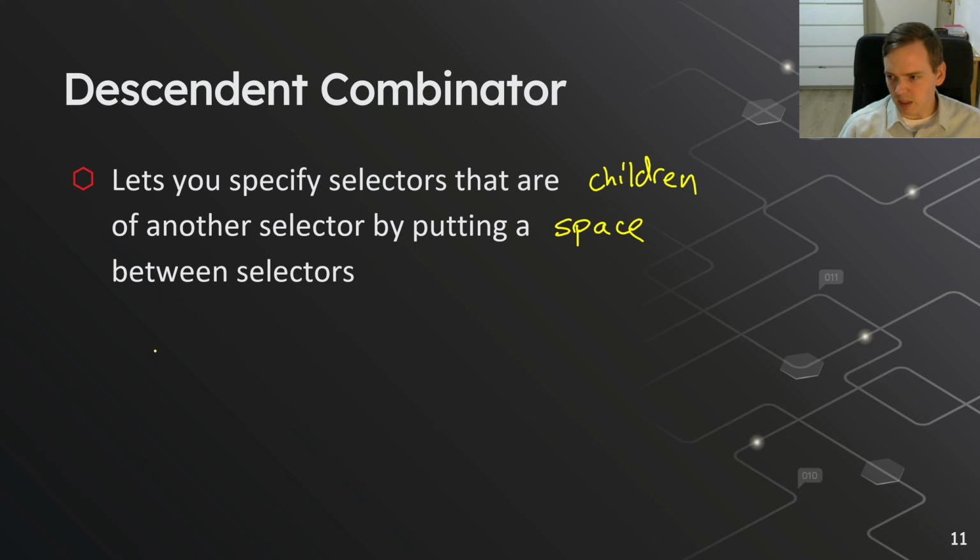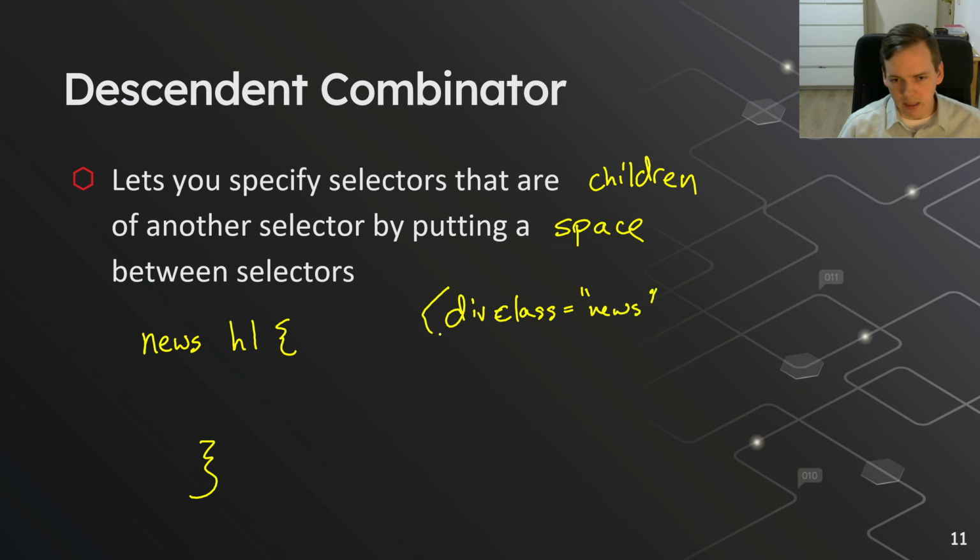So if, for example, I have news space h1, then this would say if I have a section like a div where div class equals news, and then inside that section I've got an H1, then this H1 would get whatever CSS code I have.